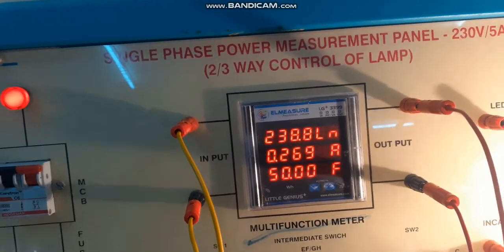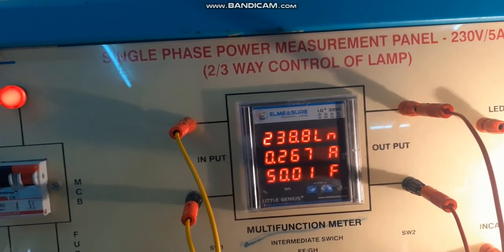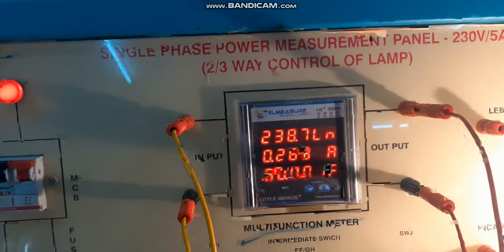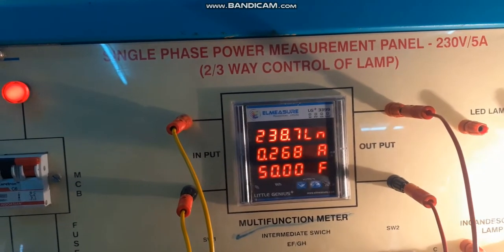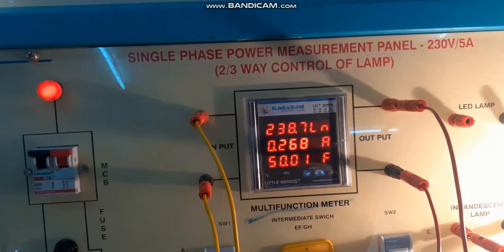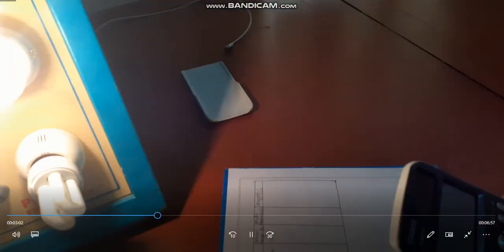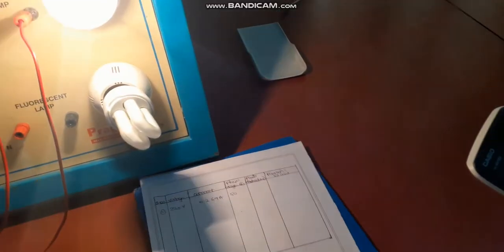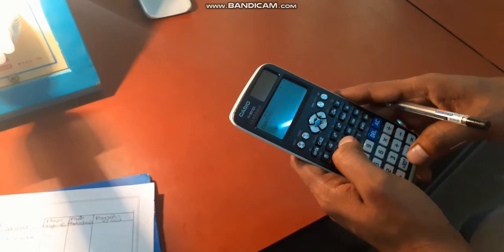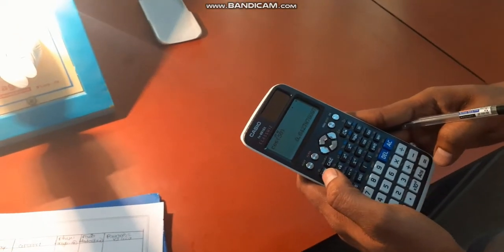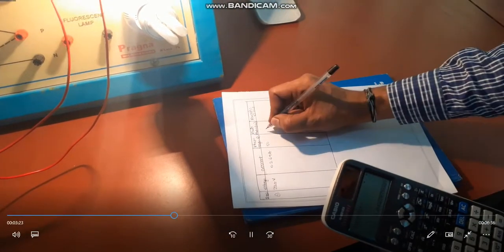The voltage is 238 volts, current is 0.269 amperes, and the phase angle phi is equal to 50 degrees. If phi is 50, then we have to find cos phi, that is the power factor. Now we use the calculator. Cos of 50 is equal to 0.64, so the power factor, PF equals cos phi, is 0.64.